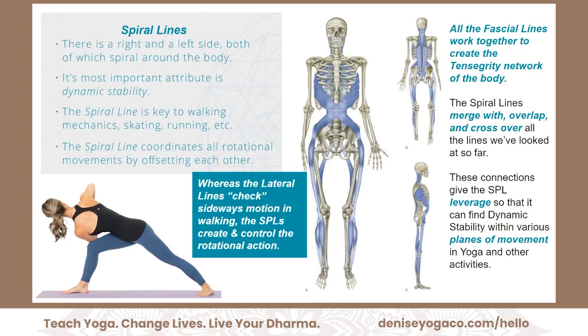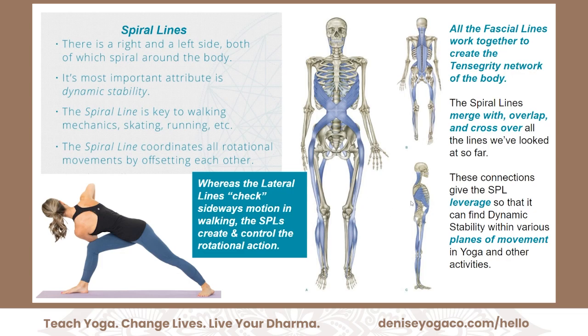So I'll just say one more thing about the spiral line, and then we're going to follow the pathway of the spiral line. I think maybe this image down here is best, so you can see that it's on the back body here, it's on the side body here, it's on the front body here. Kind of toward the front of the leg, then toward the back of the leg, and up the back body here.